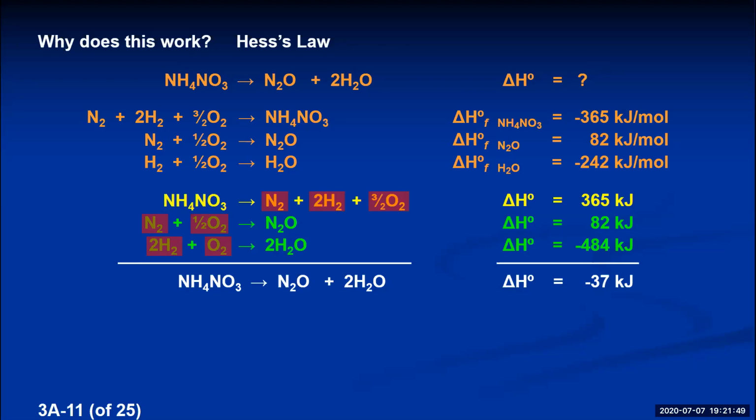So without you having to use Hess's law and write out all the formation reactions, you can just use the simple algorithm, products minus reactants, and we can use standard enthalpy of formations to predict enthalpy changes for chemical reactions. This one comes out negative 37. So we know that when 1 mole of ammonium nitrate decomposes, it's going to be exothermic by 37 kilojoules.